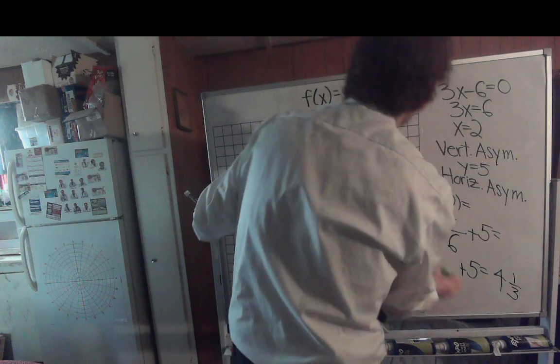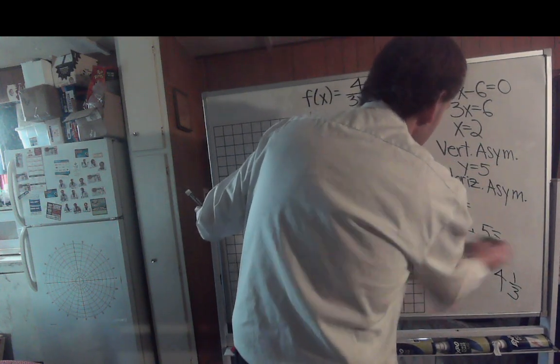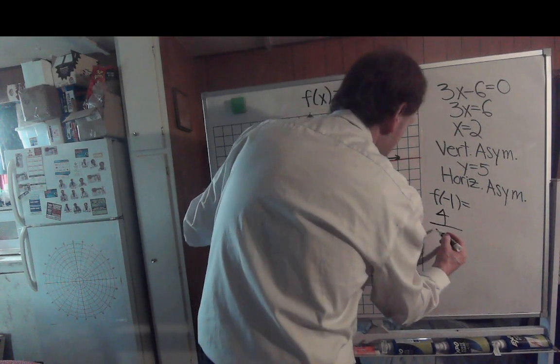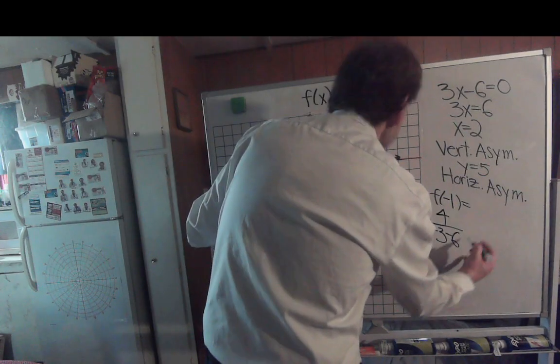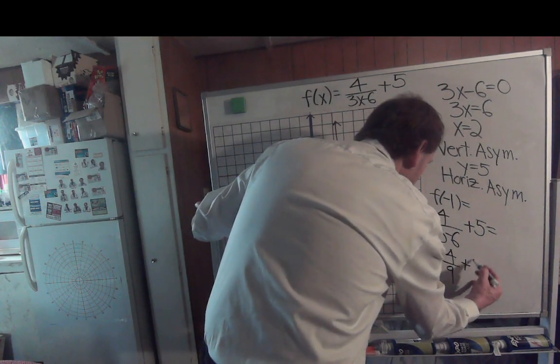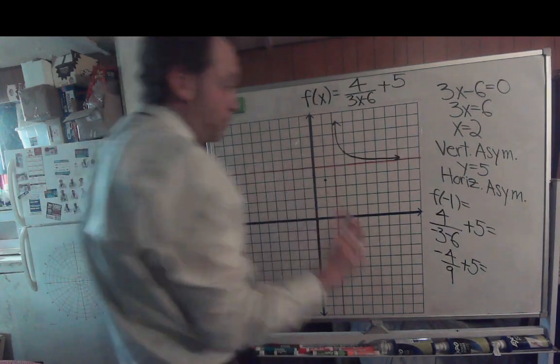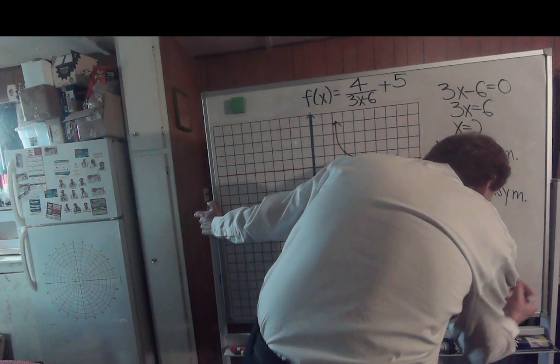And then, of course, let's do f of negative 1. So f of negative 1, so that's going to be 4 over negative 3 minus 6 plus 5. Well, that would equal negative 4/9 plus 5, which would end up equaling 4 5/9.